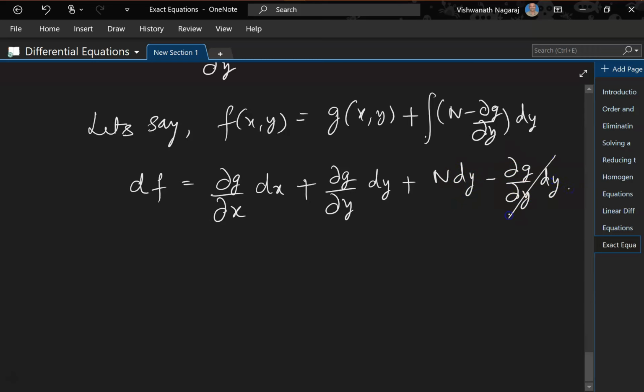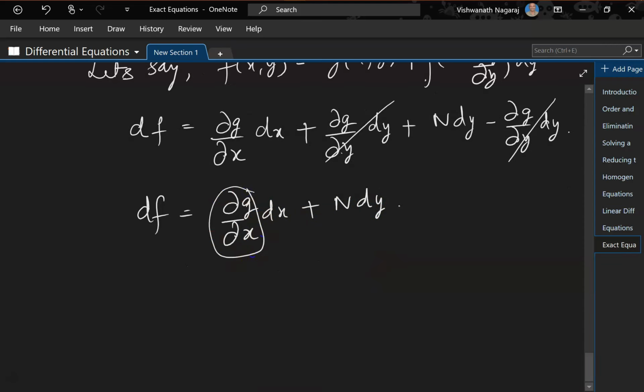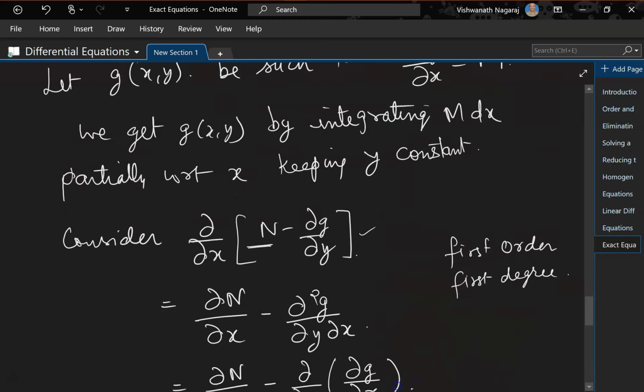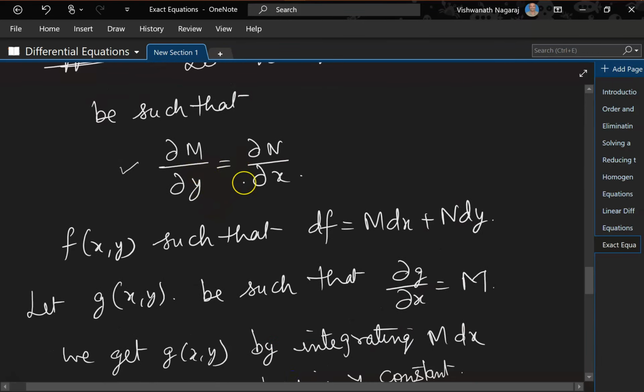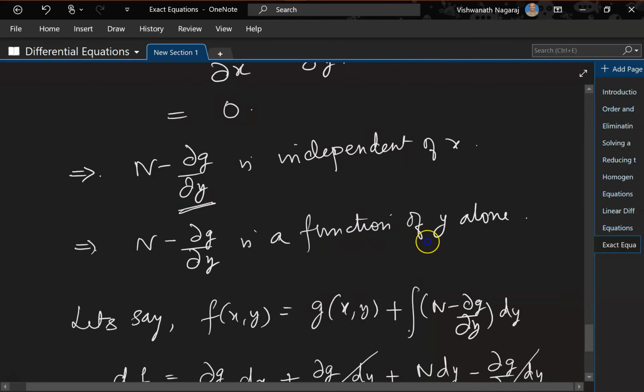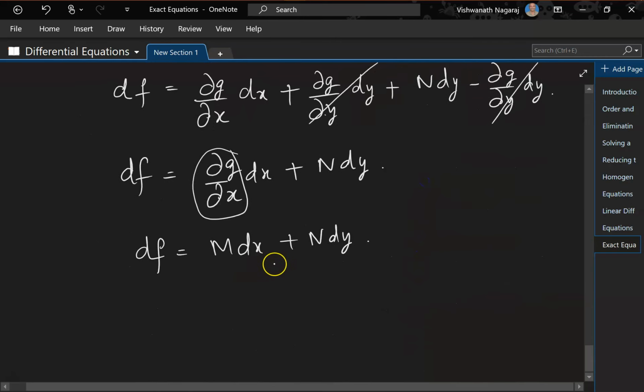Okay, so now this and this get cancelled out and we are left with df is equal to ∂g/∂x dx plus N dy. Now ∂g/∂x is M. So we end up with M dx plus N dy, which is what we started off with. Yes, to prove that if it satisfies this condition, then the equation has to be in this form.